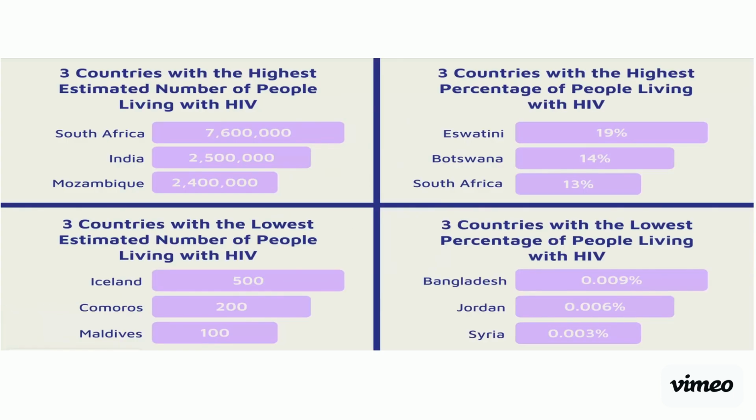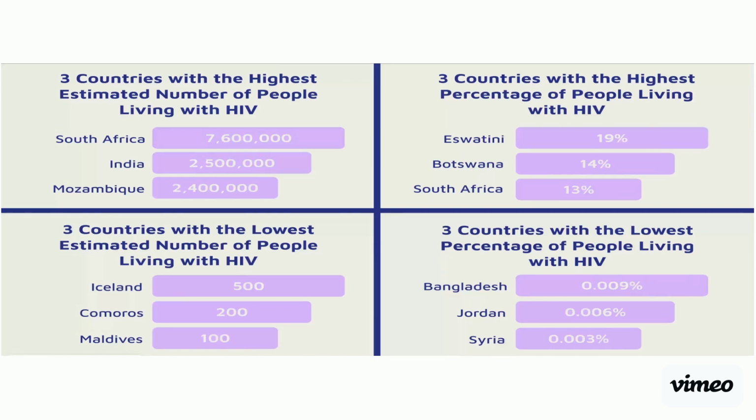This next visualization, I didn't make in Sheets, I just made it on my slideshow, and it's kind of just to show the numbers. The bars don't really represent anything, so it's a little misconceiving. The block in the upper left hand just shows 3 countries with the highest estimated number of people living with HIV.